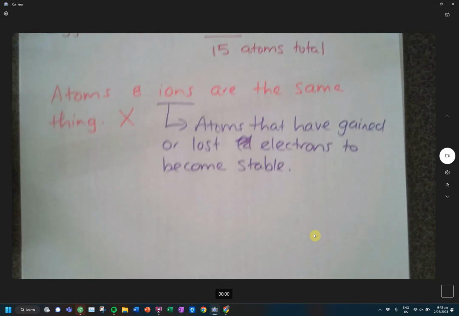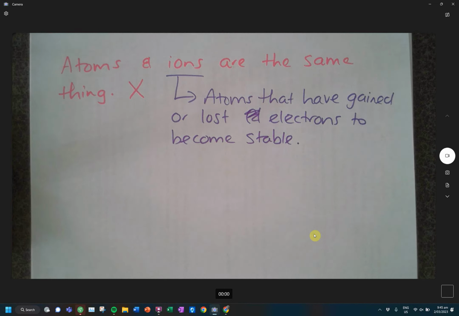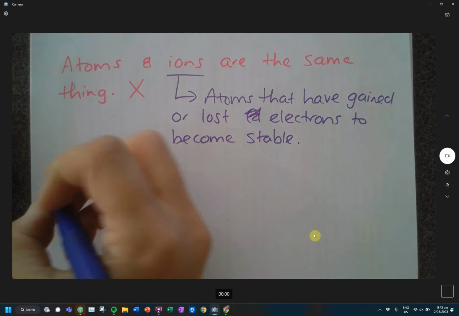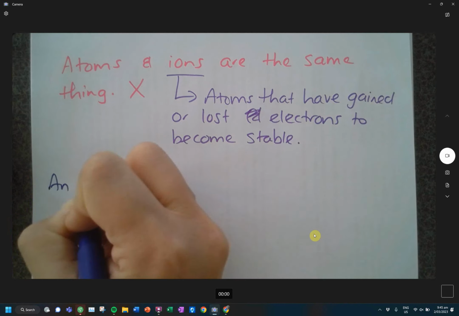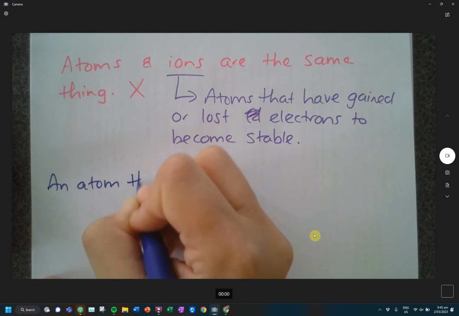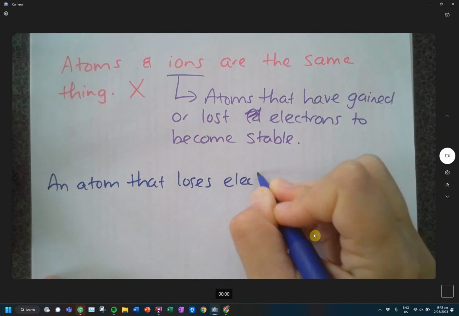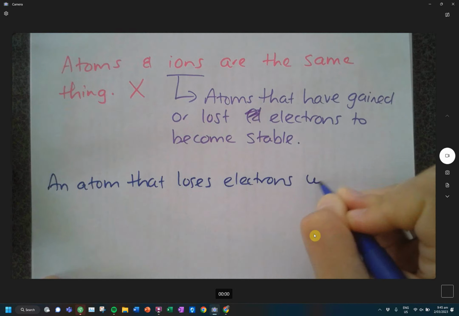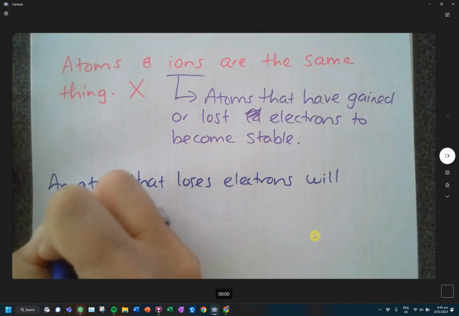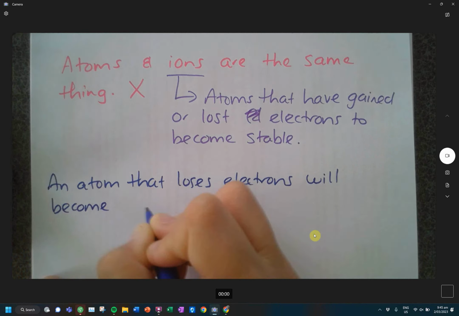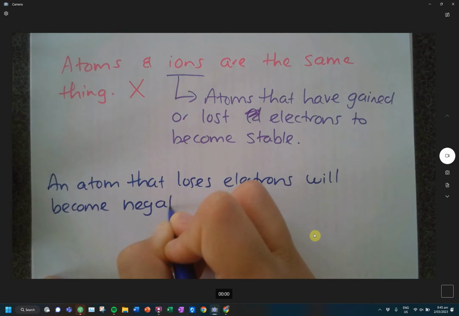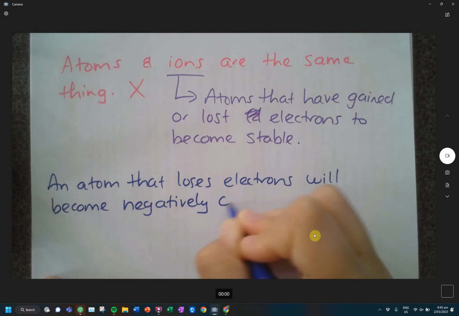All right. My next statement for you guys is: an atom that loses electrons will become negatively charged.